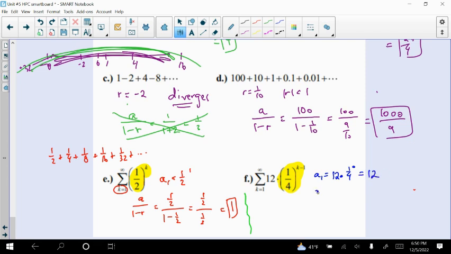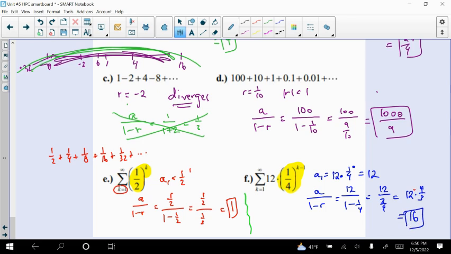Now we can apply our formula, A over 1 minus r. That's 12 over 1 minus 1/4, which is equal to 12 over 3/4. And then we can flip that around, so it's 12 times 4/3. 3 goes into 12 4 times, and 4 times 4 is equal to 16.